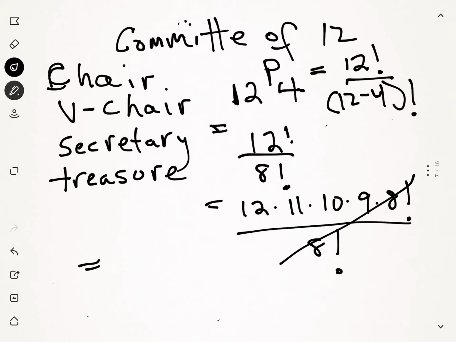So I'm just multiplying 12 times 11 times 10 times 9, and I end up with 11,880 ways of filling these positions. Okay, so that's with the permutation. Remember, we had a committee of 12 people, and we needed to fill those 4 positions: chair, vice chair, secretary, and treasurer, assuming that one person cannot hold more than one position.